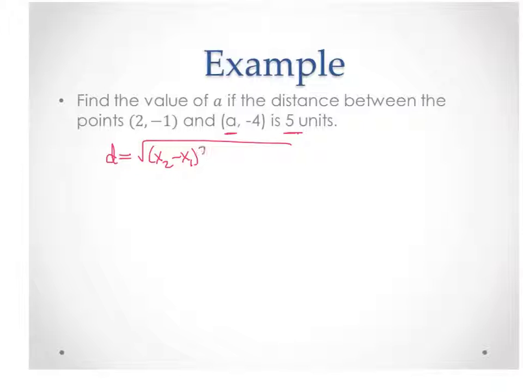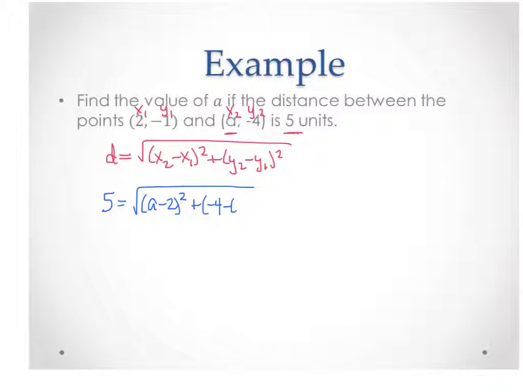So again, I'm going to write it so I make sure I have everything in the right place. And let's call this x2, y2, and x1, y1, and we're going to plug everything in its spot. So d is 5, square root of a minus 2 squared plus -4 minus a -1 squared.